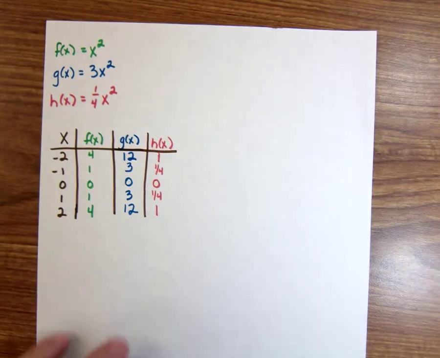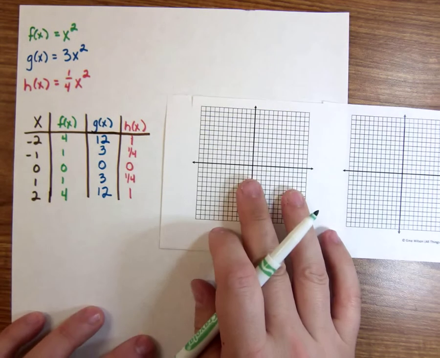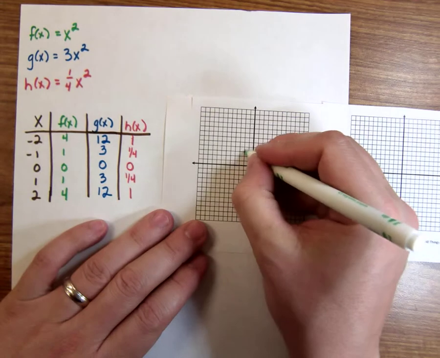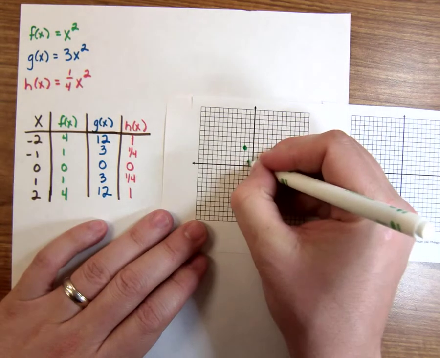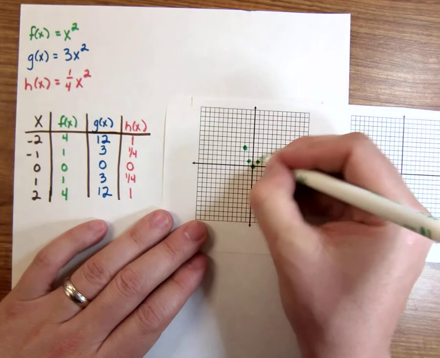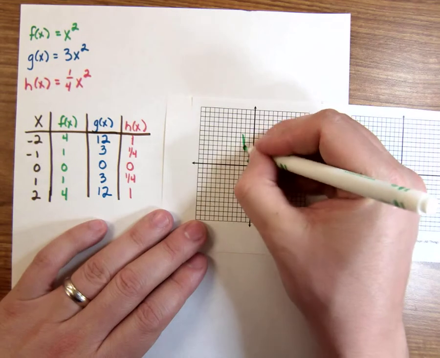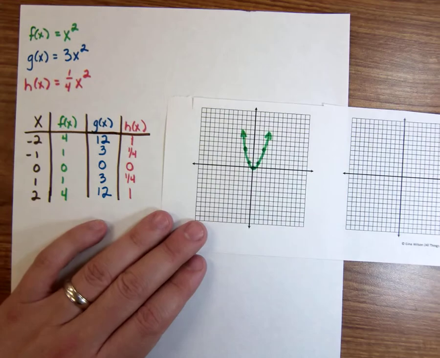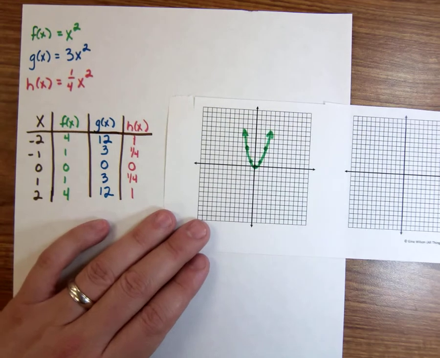Okay. So on our graph, we'll start off by graphing our parent function first. Our old standby, the parent function. And let's see if we can figure out what the 3 does to that g of x. What problems does the 3 cause?